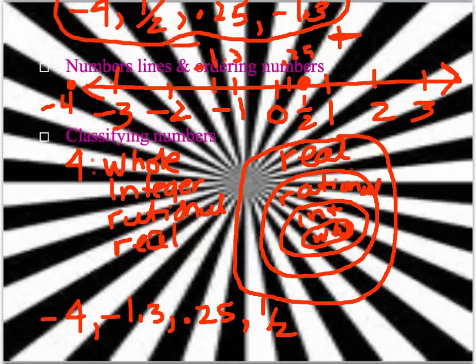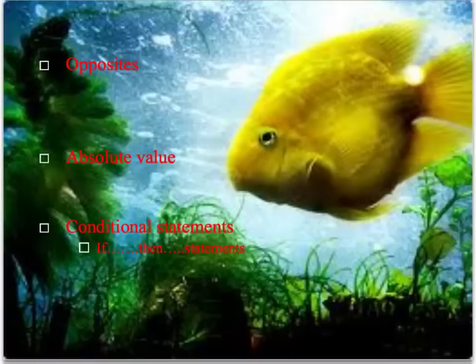Let's take a look at something like 1.6. Well, 1.6 is a rational number. However, it's not an integer, and it's not a whole number. So we could say it's rational, and it's real. So that's how we classify our numbers.